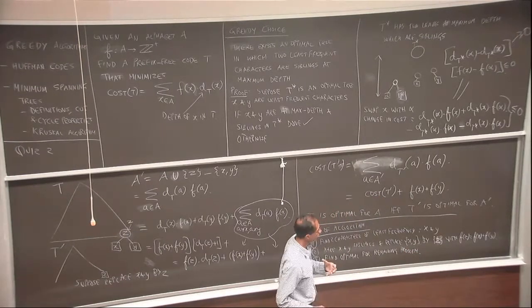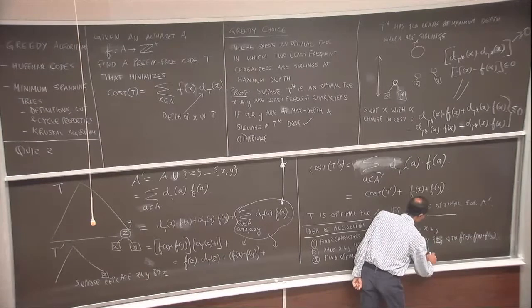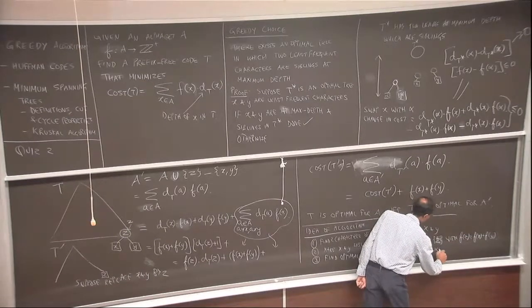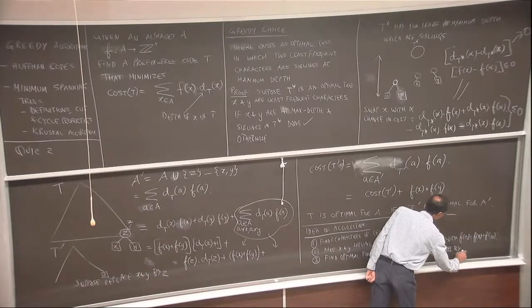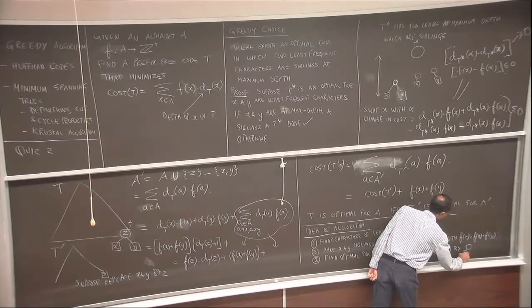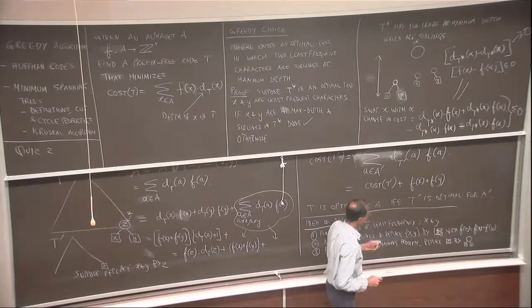So you get a tree. Wherever you see z, replace it by the following. Sorry, it's too small, but I will explain.